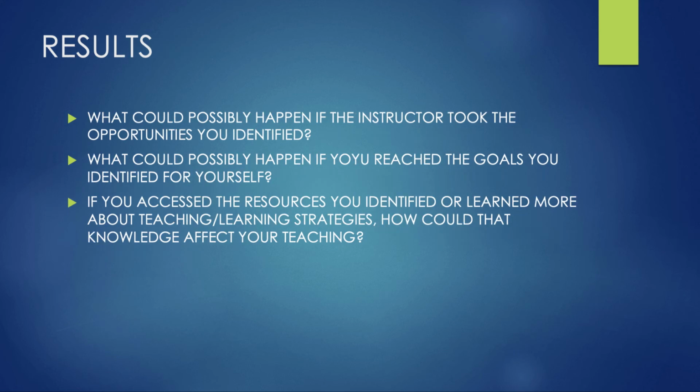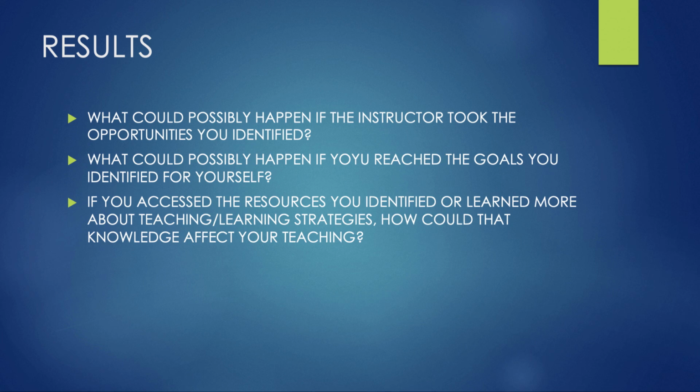As you write your analysis, you should also think about how the teaching strengths and opportunities will bear positive results on student learning. In addition, you should think about how reaching your goals would lead to positive results in your own teaching knowledge. So for this aspect of the analysis, the following questions will guide your reflection. What could possibly happen if the instructor took the opportunities you identified?